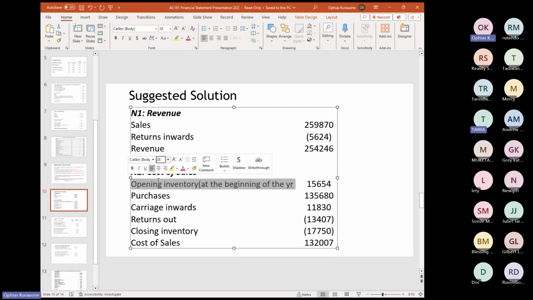Okay. Then you have purchases. So it's opening stock, add purchases. Purchases there on the trial balance. Carriage inwards, that is on the trial balance. Carriage inwards, like what I said, you don't write carriage inwards on the what? Some of you have got a tendency of writing carriage inwards on the operating expenses.